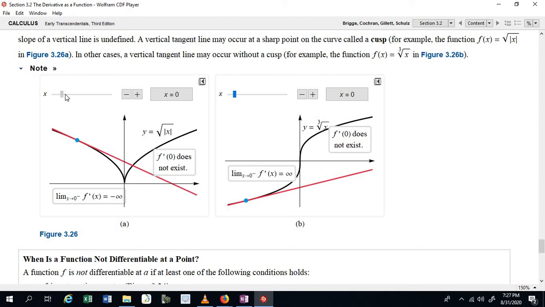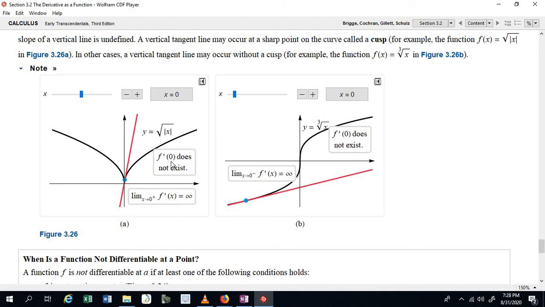But it's also not differentiable because the tangent line that you're approaching from either side is actually vertical. And I think you can see that, right? It's approaching this vertical tangent line from both sides, and the slope of a vertical line is undefined.